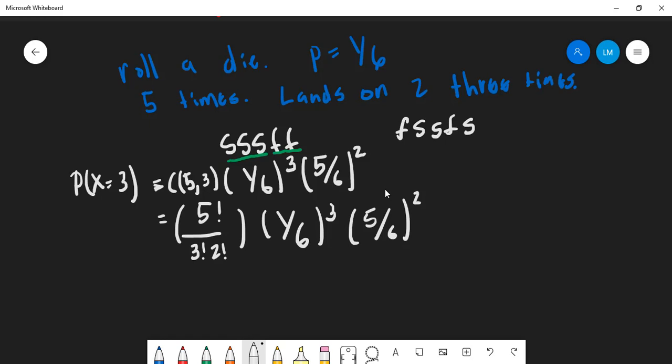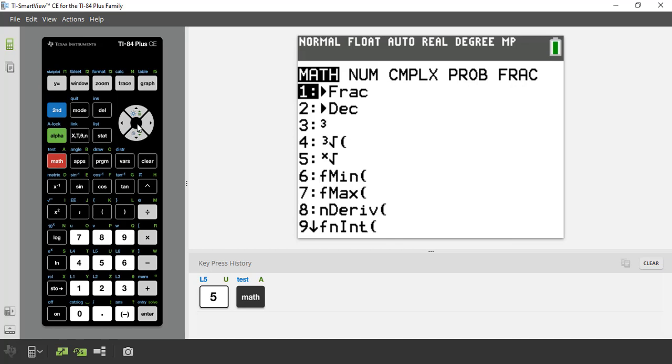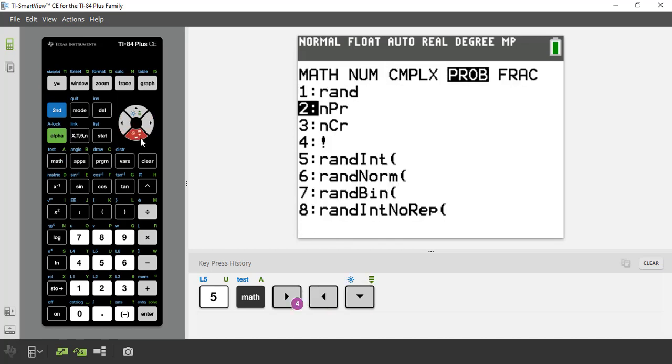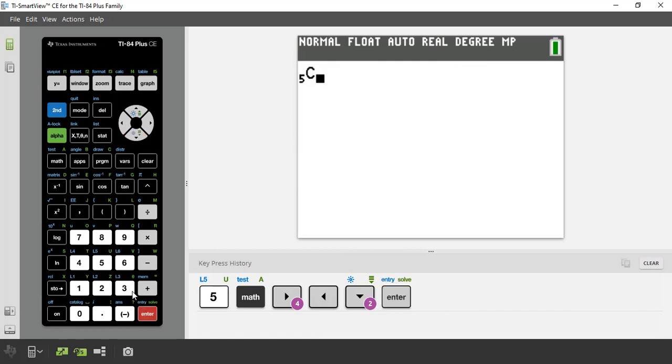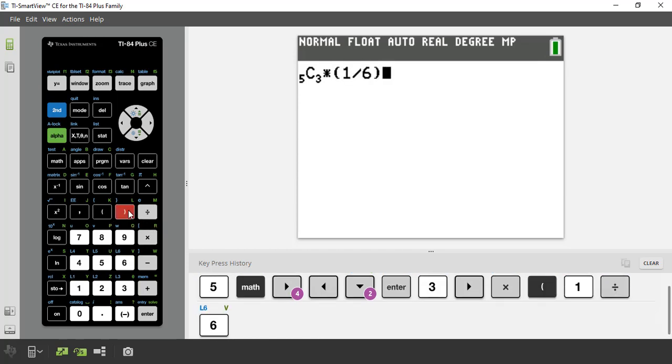Now, we can do this in the calculator where we go ahead and do 5, and then we're going to do combination, and then we're going to do 3, but we're going to multiply this by 1 out of 6. And then we're just going to raise that to the third power.